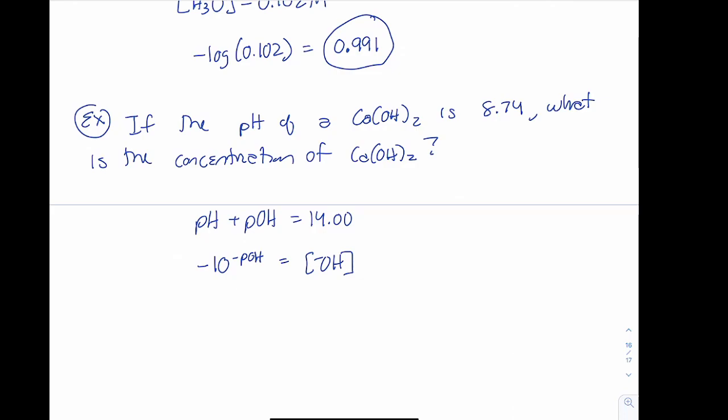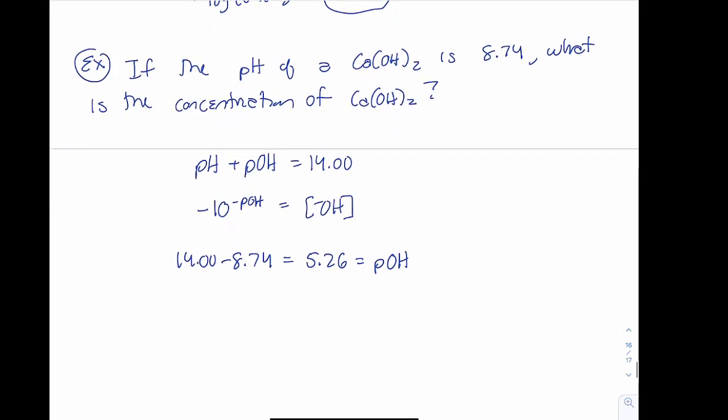So essentially the 2 different ways that we did earlier. I'm going to use the method that I wrote down here. So I'm going to take 14.00, subtract 8.74, and I'm grabbing my calculator. I get 5.26. Oops, sorry, that's my pOH.